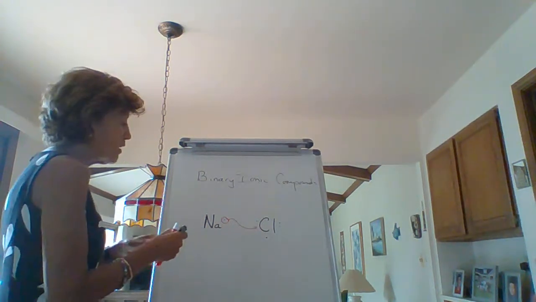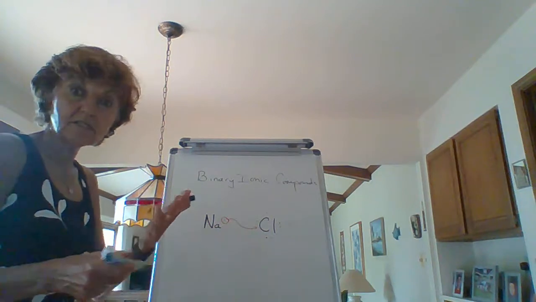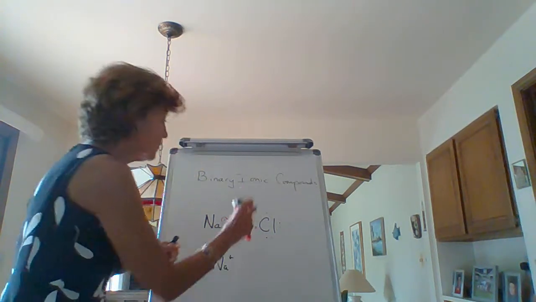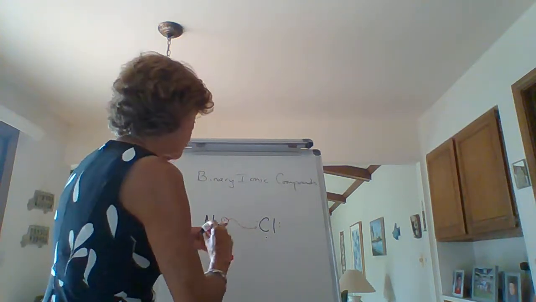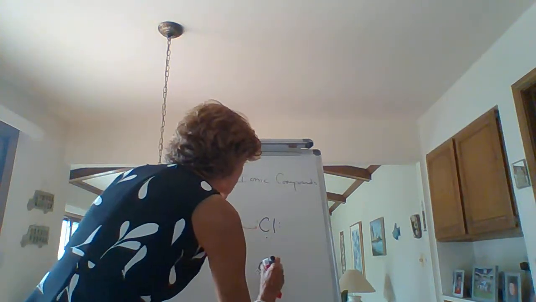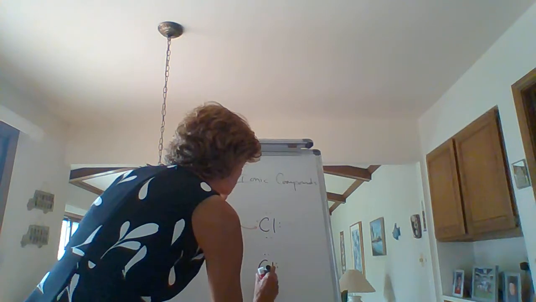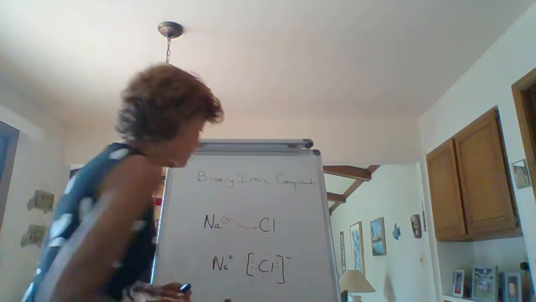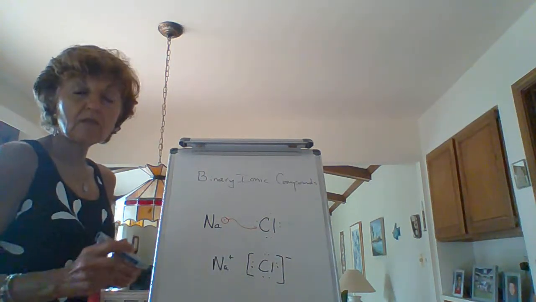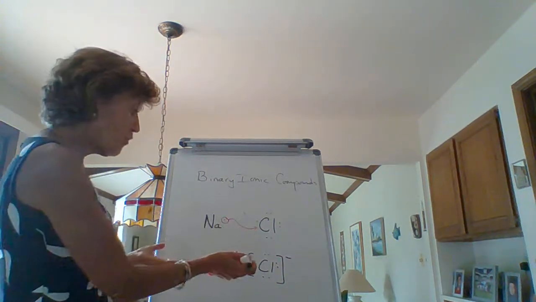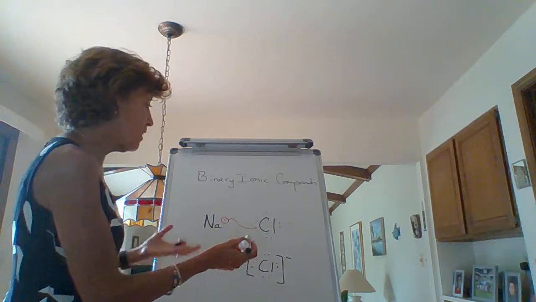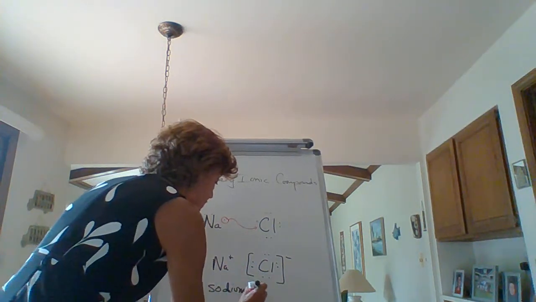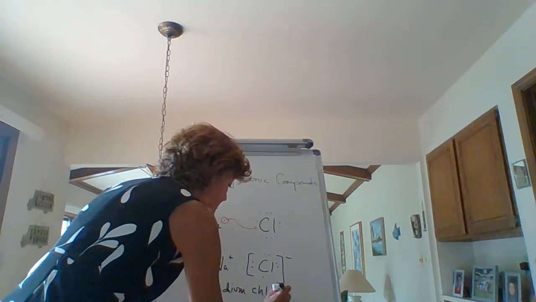Okay, so now, sodium lost an electron. It became a sodium ion. Chlorine gained an electron. It became a chloride ion. And this would be the Lewis dot formula of sodium chloride.